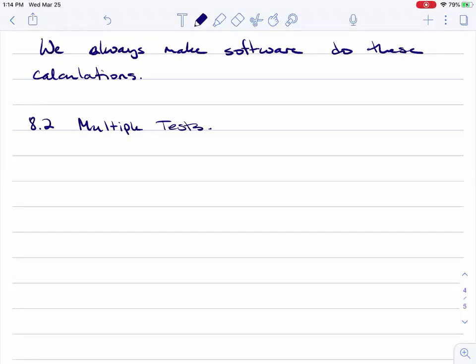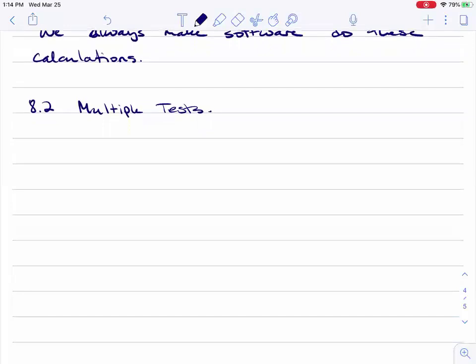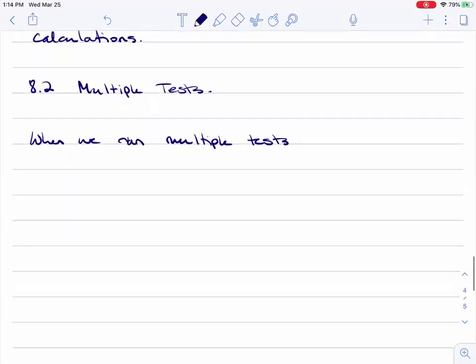But let's just do a little refresher, right? So when we run multiple tests, whether that's hypothesis testing or confidence intervals, it actually doesn't matter, right?